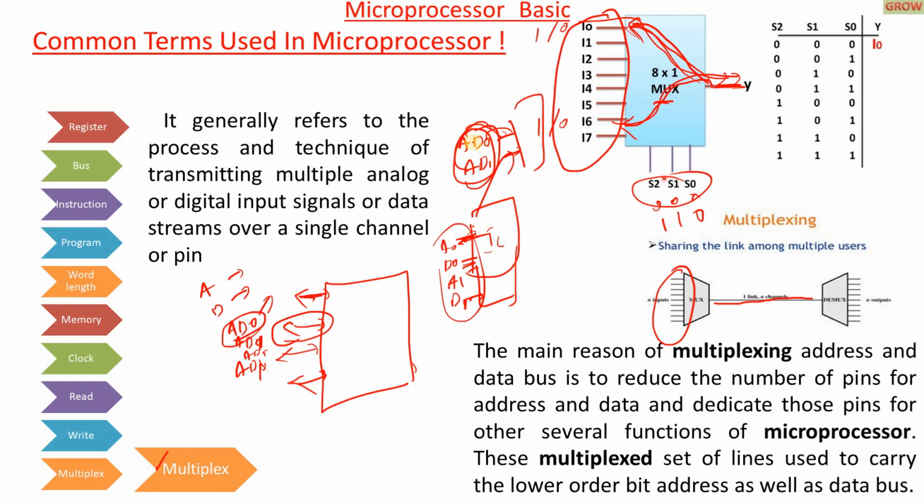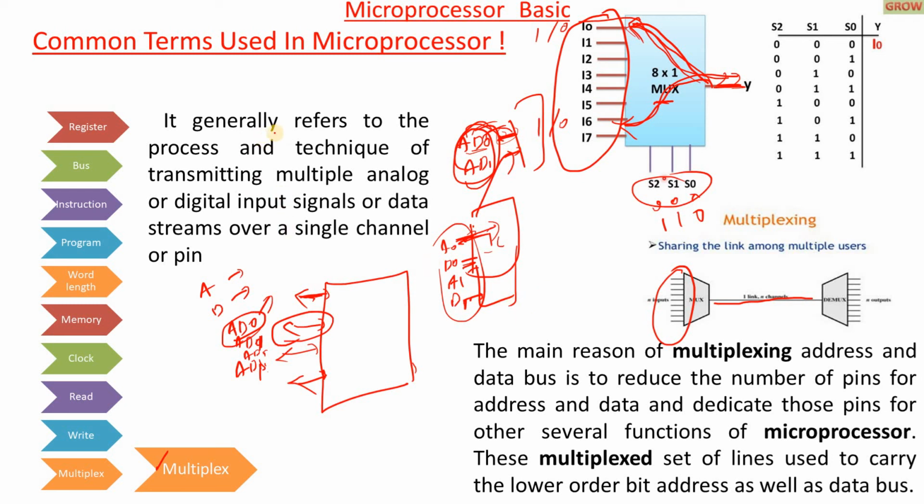So demultiplexing is needed and it will take some time. That is one more disadvantage: the accessing speed of that particular pin will be reduced. If it is a single input, you can access directly. If there are 2 inputs, we have to select either data or address, and that will take some time. So accessing speed will be reduced.